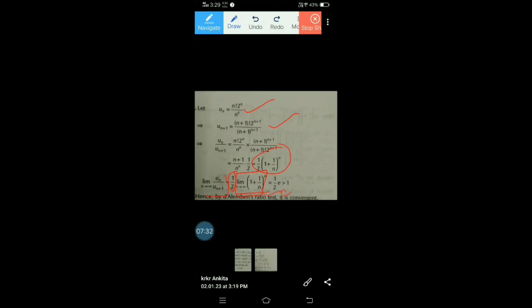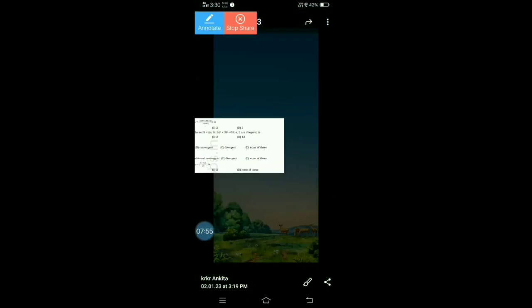So we get 1 upon 2 into e, that is e by 2, which is greater than 1. So by using the D'Alembert ratio test, we get that this series will be convergent. Now check the options. Option A is correct.